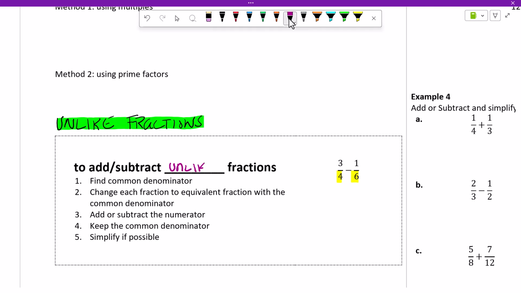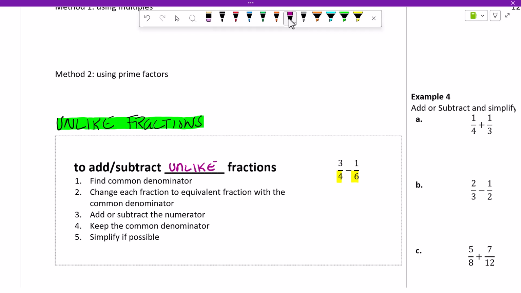That's when we have unlike fractions. That's when we drew the diagrams, rectangles, and we cut one vertically, cut the other one horizontally, then we copied the cuts back and forth so we had the exact same number of pieces. So we're going to do that, but mathematically without the picture.